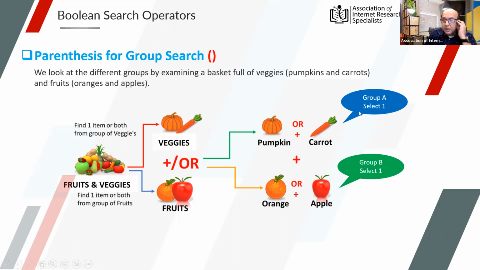Let's call the veggies, pumpkin and carrot, group A, and this is group B. What you want to ask the search is, first of all, to separate the vegetables and the fruits and treat them as two different groups, and to search for either a pumpkin in the group of veggies or apples in the group of fruits. How would you create the query?